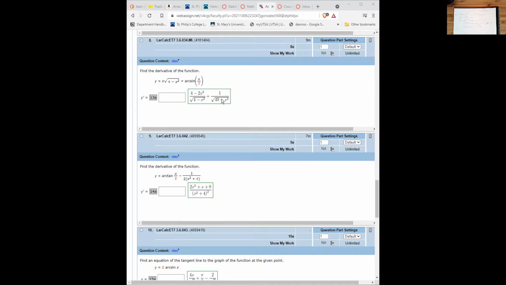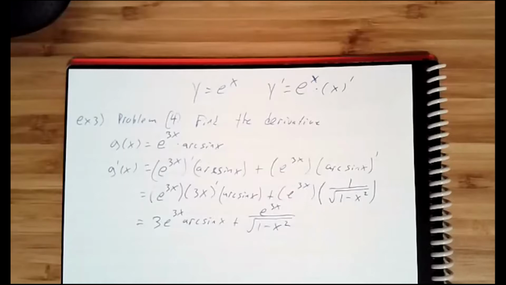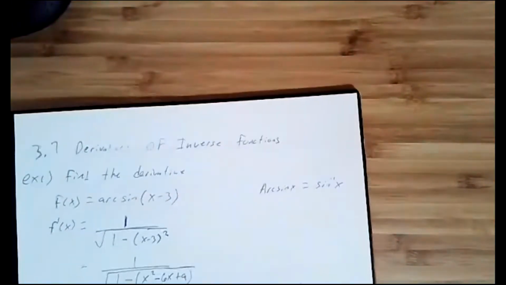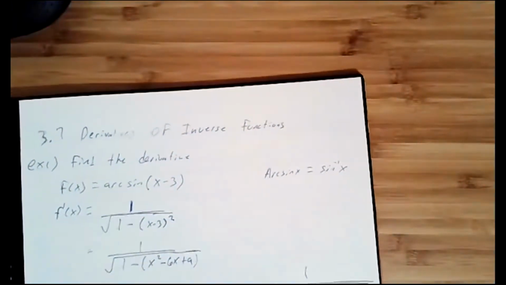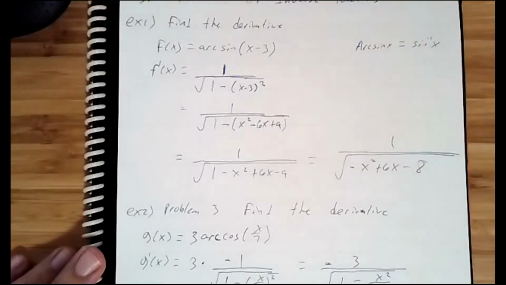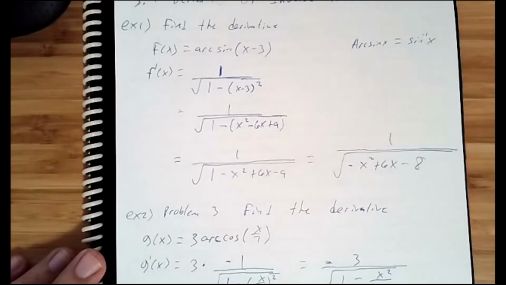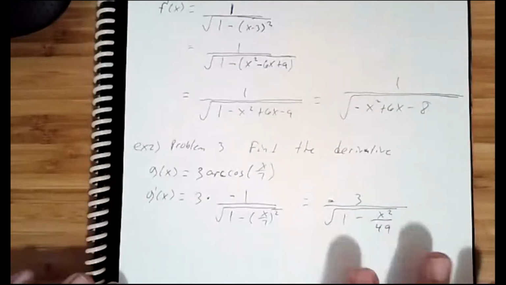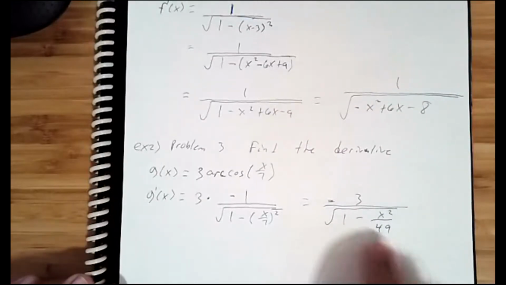Actually, let me see. One moment, please. I think I might have forgotten something. No, we're good. They just added these fractions. Sorry, I was wondering if I made a mistake, but no, we're good.